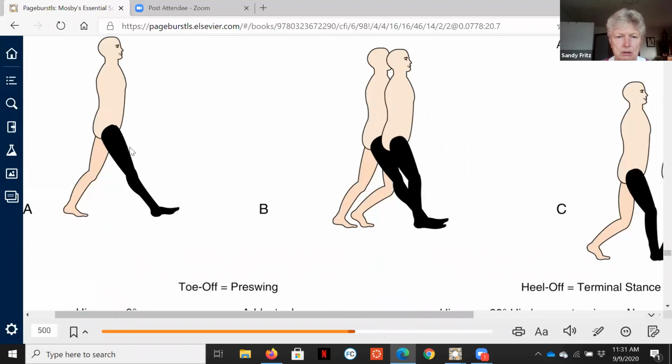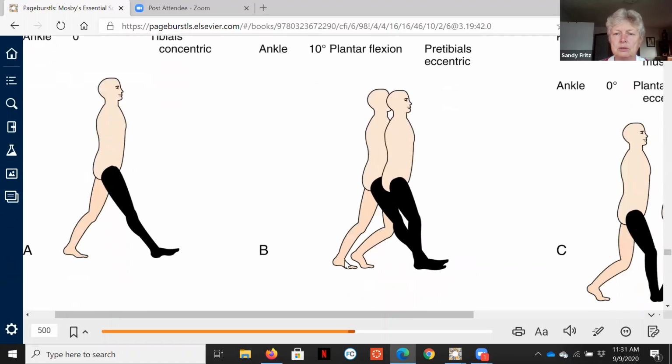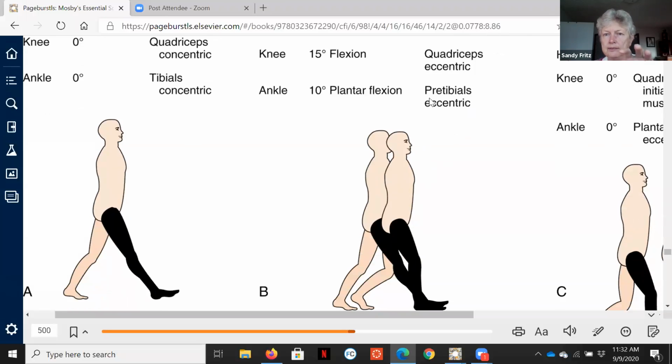Then when we start to transfer the weight forward, the foot is in contact, and we start to move over top of that foot, then we see hip extensors are eccentric, they're getting longer, and the hip abductors are isometric. They're providing stability, and the quadriceps is eccentric, trying to control what's going on.